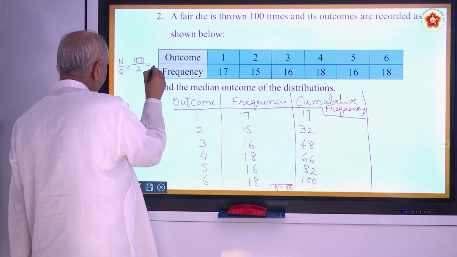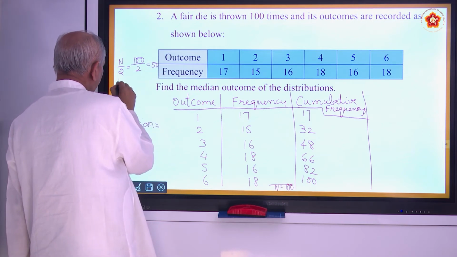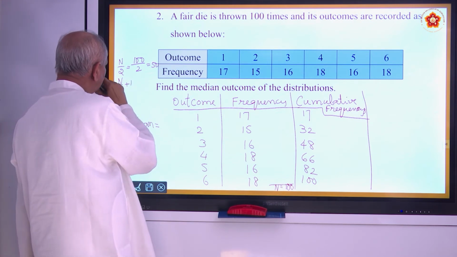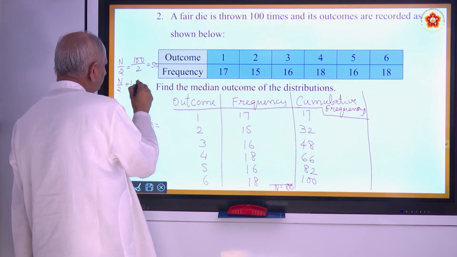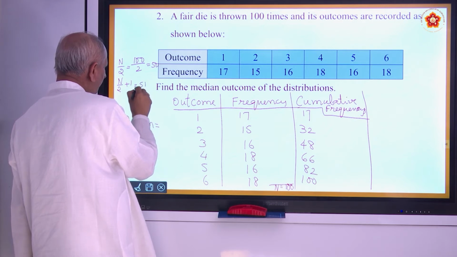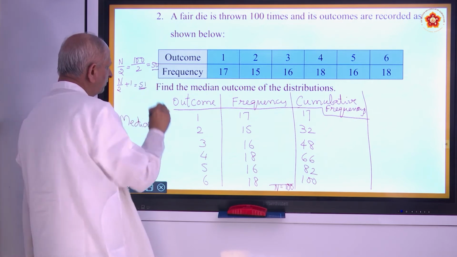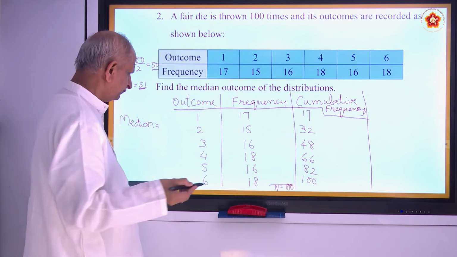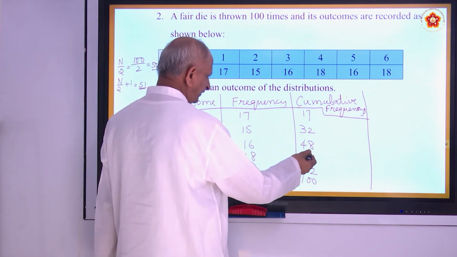That is equal to 50. And n by 2 plus 1. That is 50 plus 1, 51. So you must find the average of the 50th and 51st. So 50th and 51st come here.